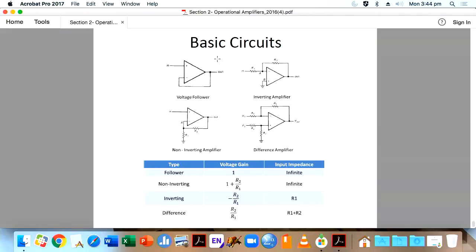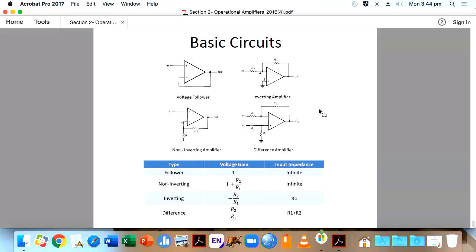Then there are basic circuits like a voltage follower, which we already discussed. Then the inverting amplifier and non-inverting amplifier, we discussed. So there is one more category called difference amplifier. Difference amplifier means you will be connecting signals here and here, and then it's called a difference amplifier, which we will study later.